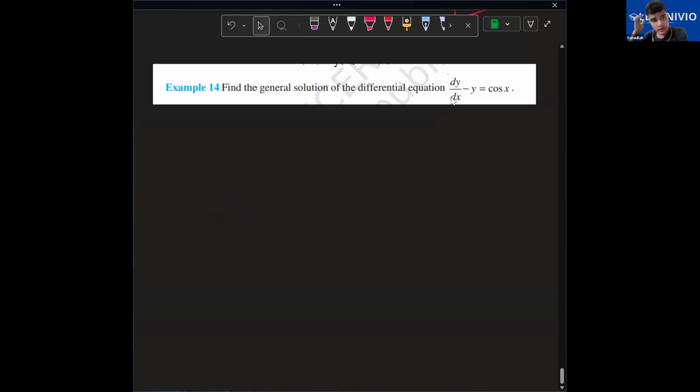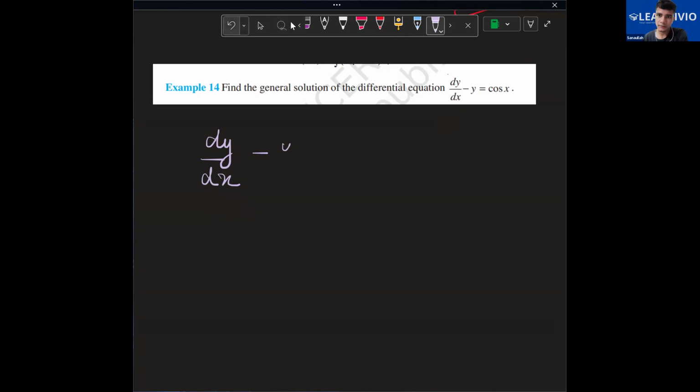So in the general solution, first of all, write this differential equation in the standard form.